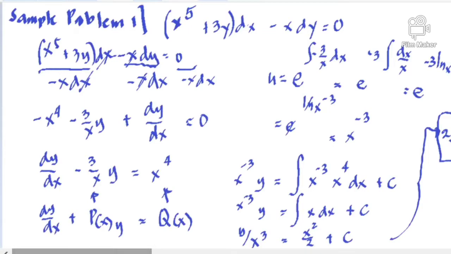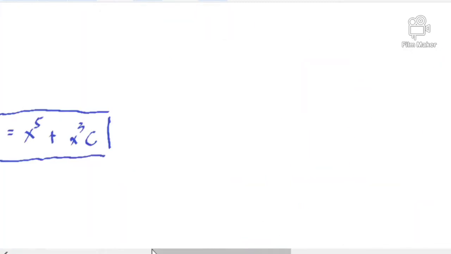So balikan natin. Ayan. So we have here the problem. Okay. After that, we transform it into this one. And nasa form siya ng dy over dx. So we transform it into this one para nang sa ganun makuha natin yung p. And nung nakuha natin yung p, siya yung nilagay natin dito. Okay? And then we just did the process of integration.